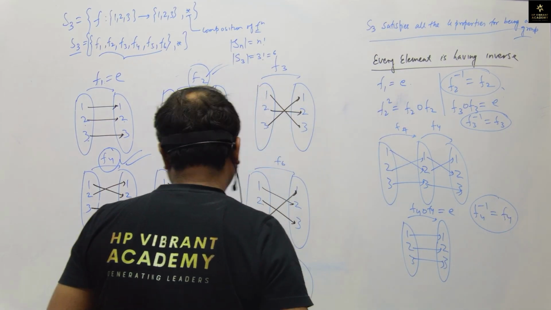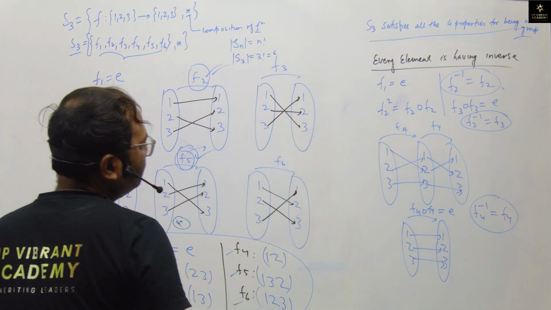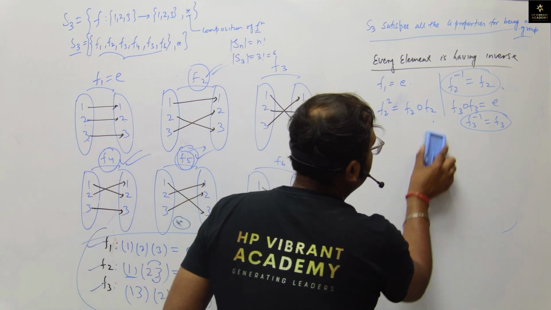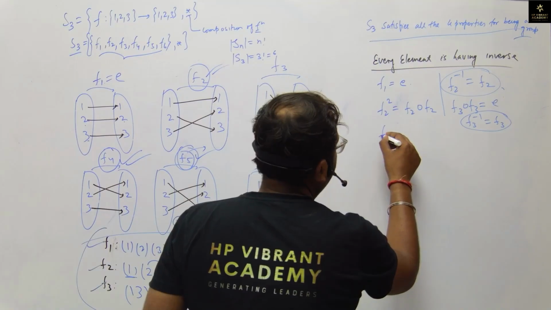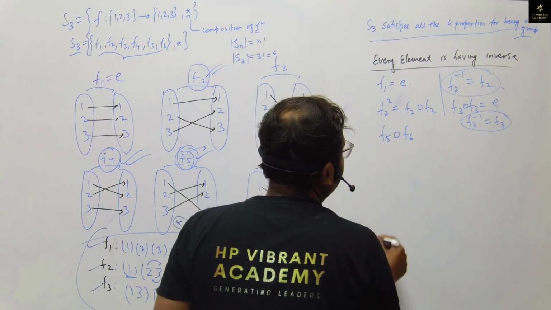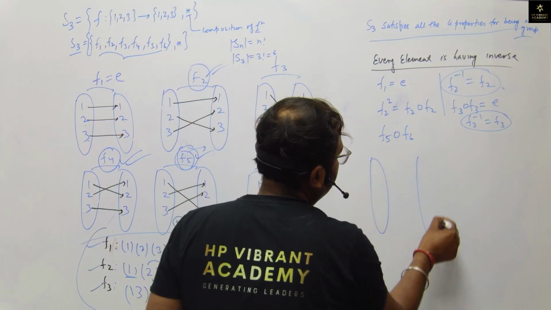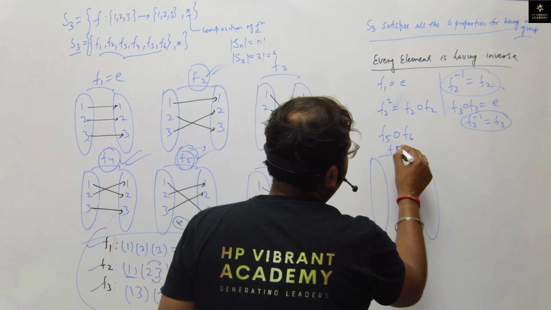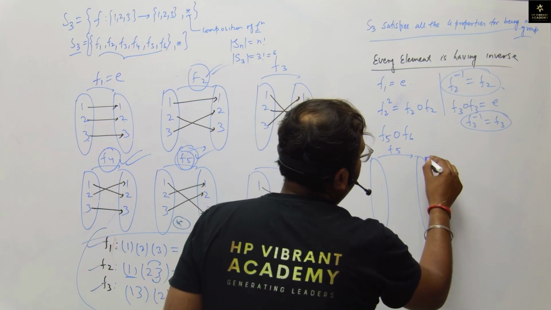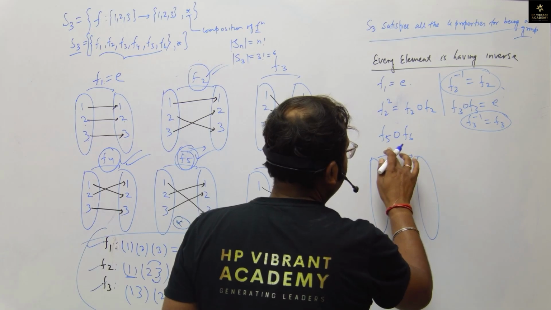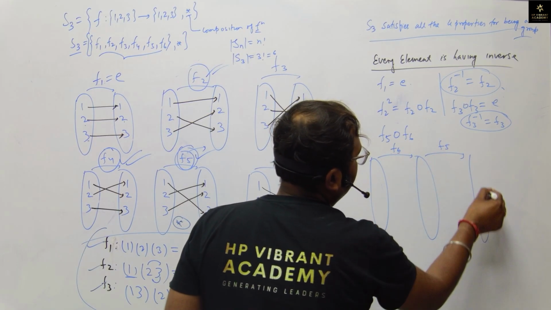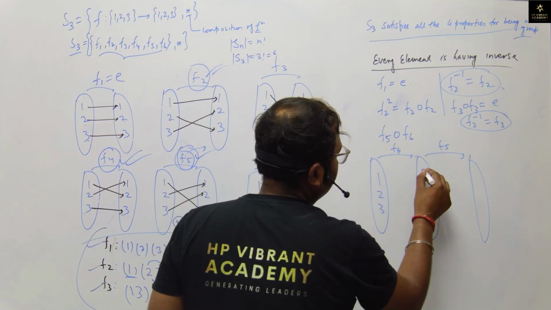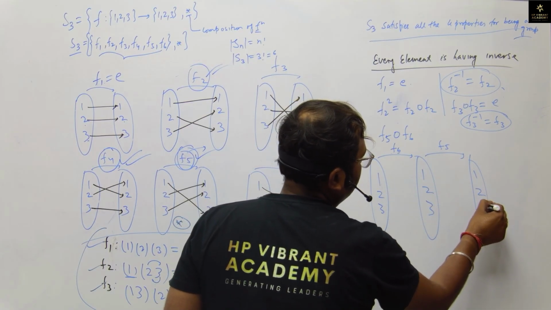Now let us calculate f5 operation f6. Let us find this. First we have to apply f6, and after that we have to apply f5. 1 2 and 3, 1 2 and 3.